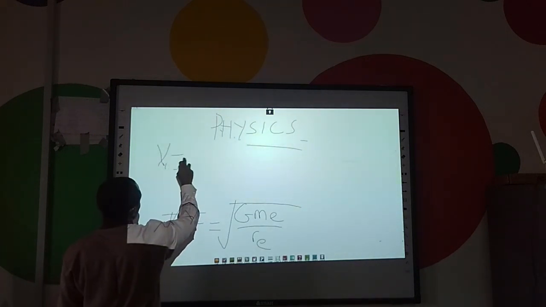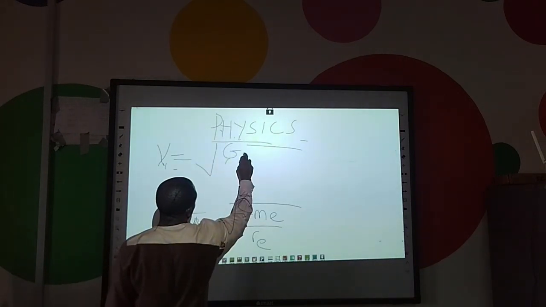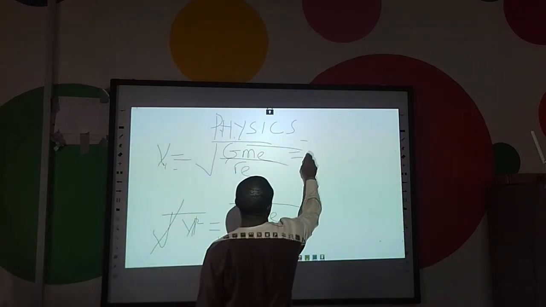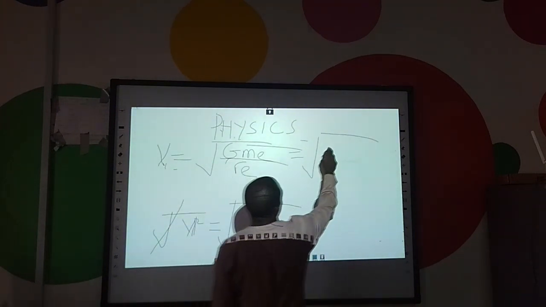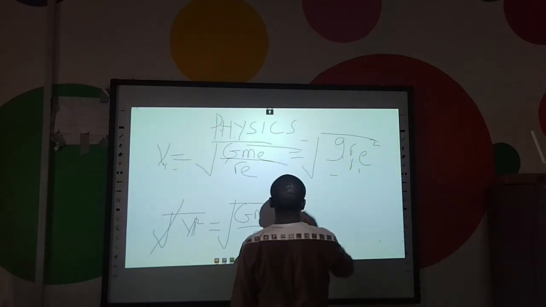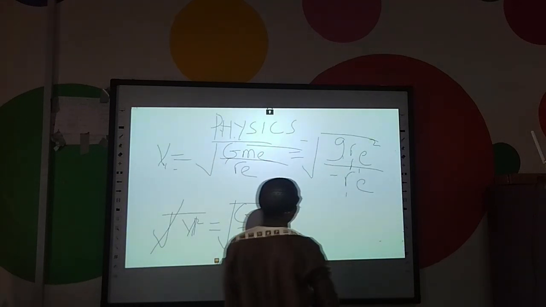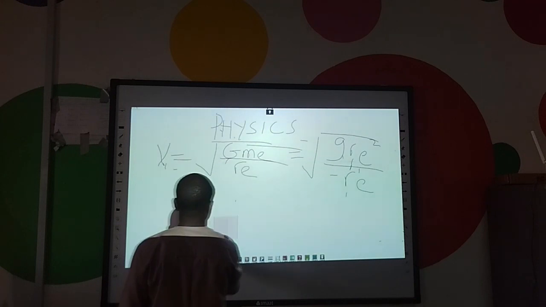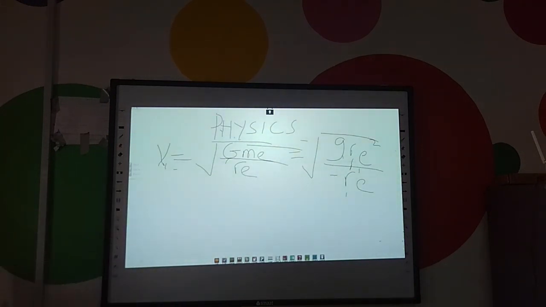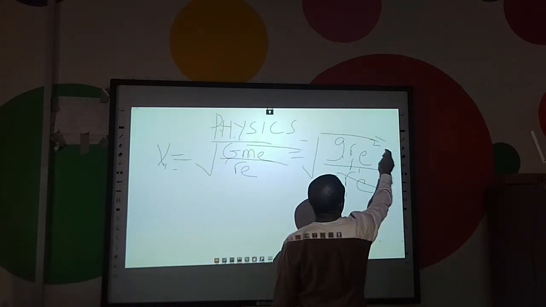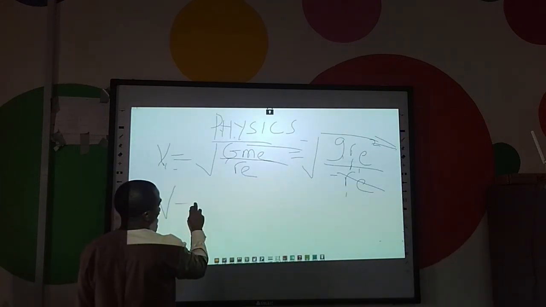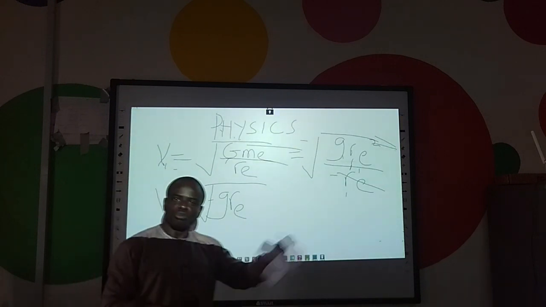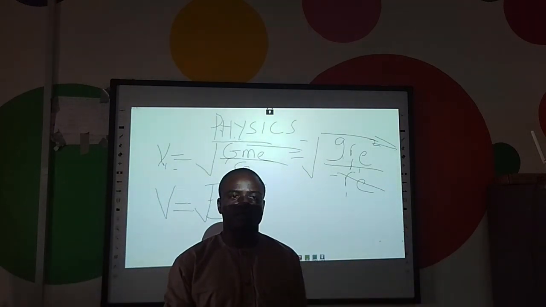So I am left with V equals the square root of G M E over R E. I told you previously that you will replace G M E with g R E squared. So g R E squared divided by R E, and R E cancels one of the R E. You are left with V equals the square root of g R E. This is the velocity at which the satellite moves around the Earth in a circle, in a spherical form.